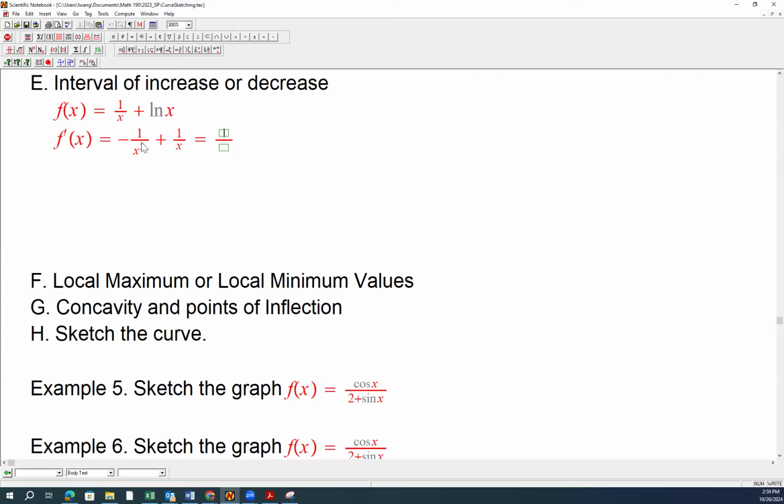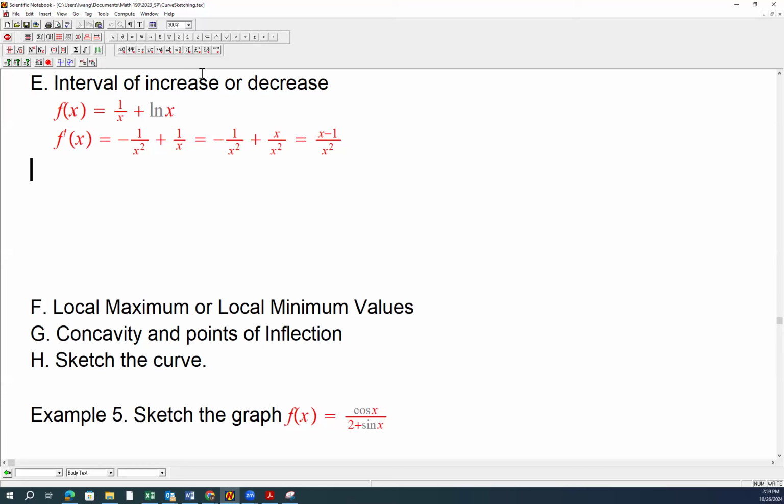This one already has the common denominator x squared, and 1 over x is x over x squared. Keeping the common denominator, the top will be just x minus 1. And we set the first-order derivative equal to 0 to find critical numbers.